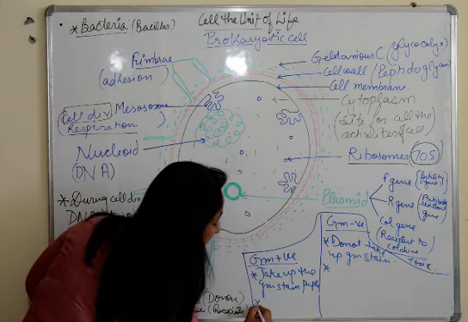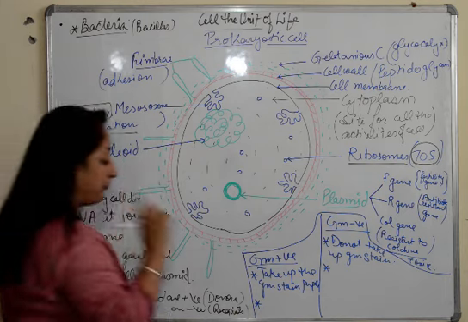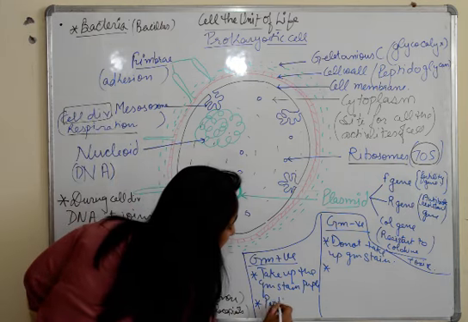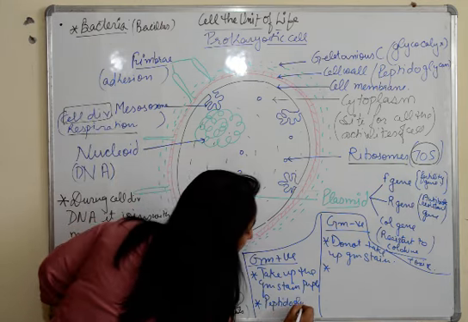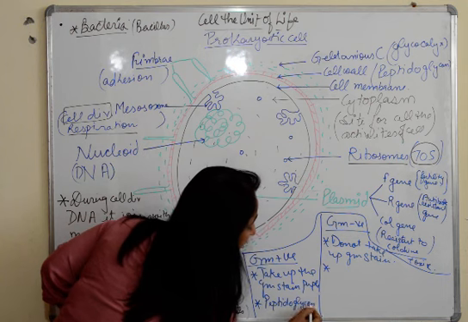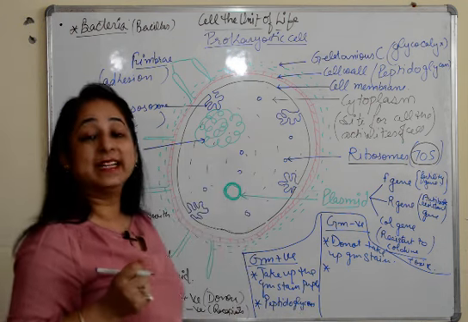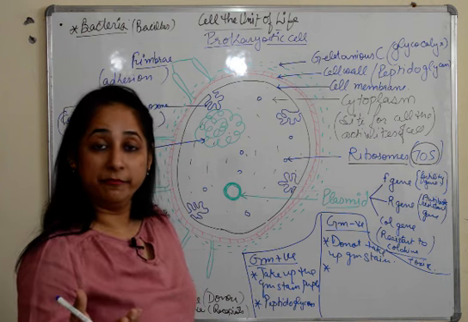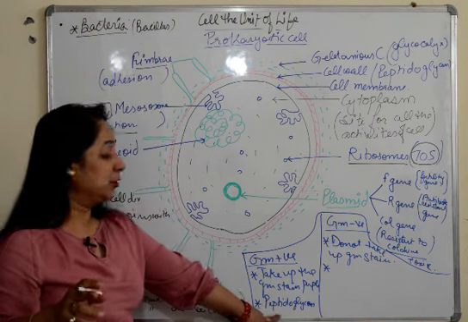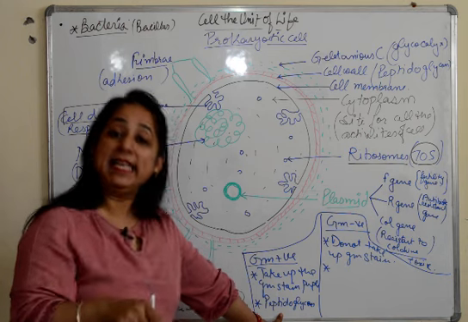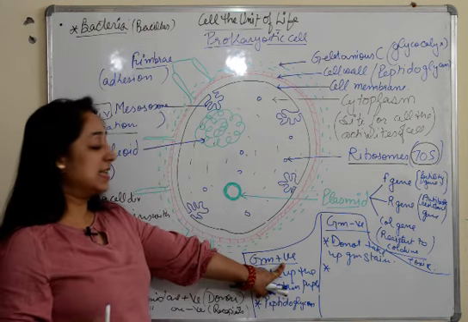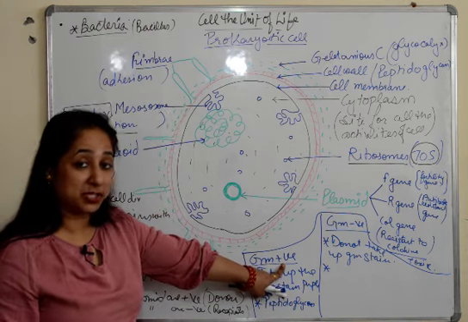The gram positive bacteria has a cell wall made up of peptidoglycans. Now this peptidoglycan absorbs that gram stain and turns purple. Fine. That means if peptidoglycan is present, then only the bacteria is a gram positive bacteria.